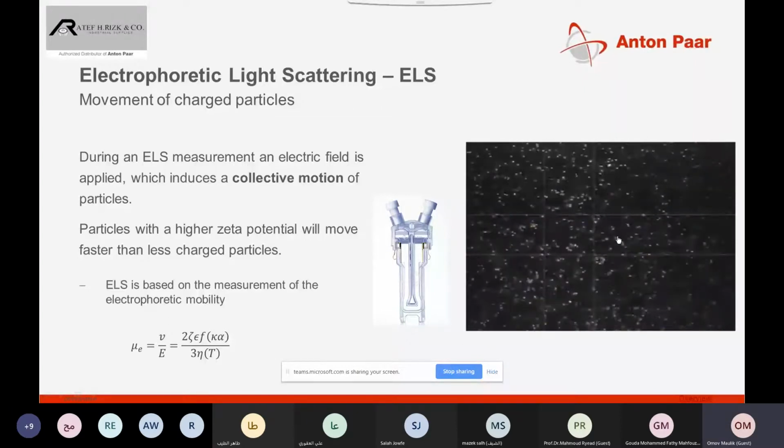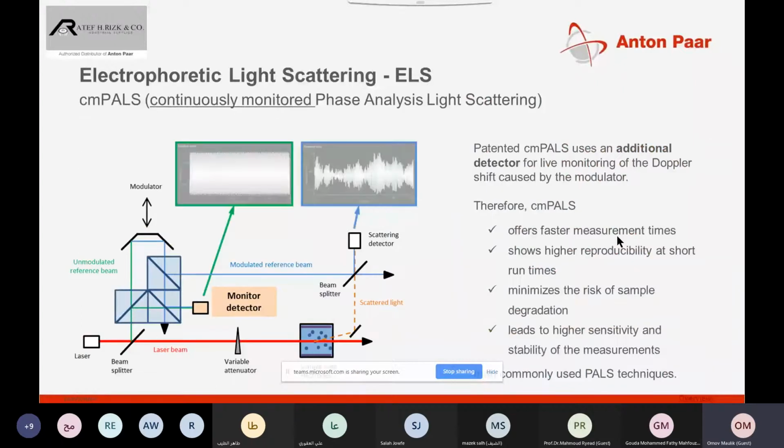So this is what we have, something which is unique, a patented technology called continuously monitored phase analysis light scattering. So what we have over here is a laser incident on our sample, and part of this laser intensity goes towards the modulator. Now this modulator keeps on moving at different distances, and based on that, some sort of Doppler shift is introduced onto the laser beam.